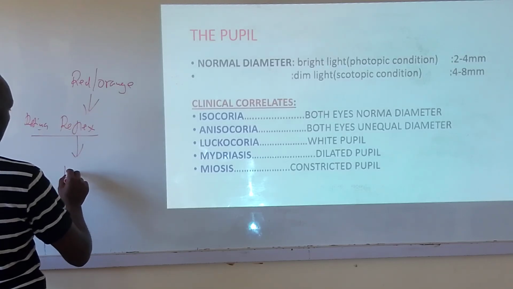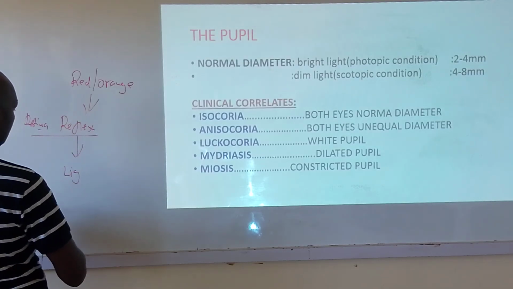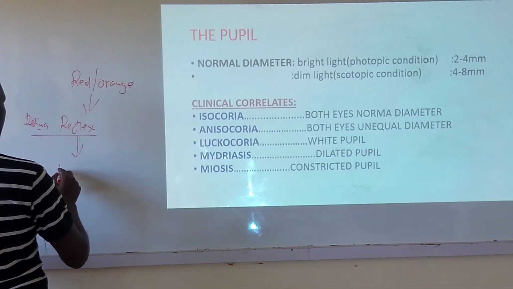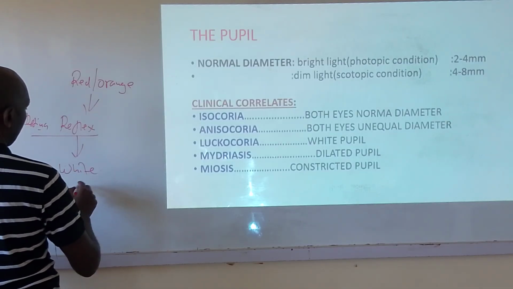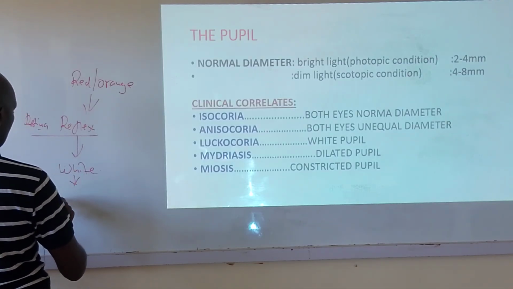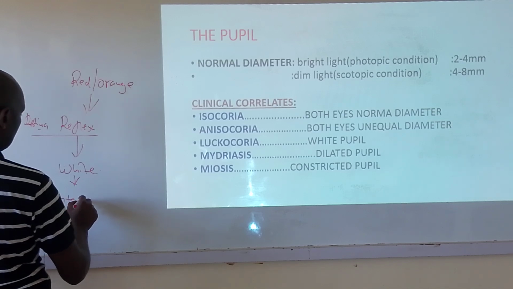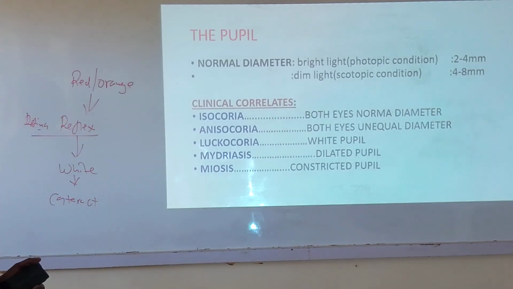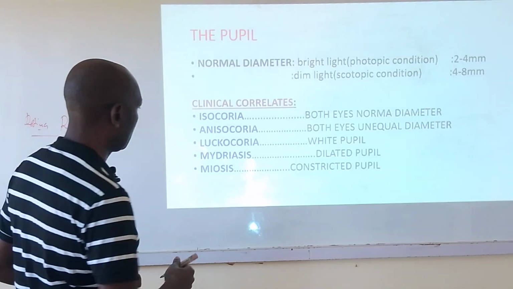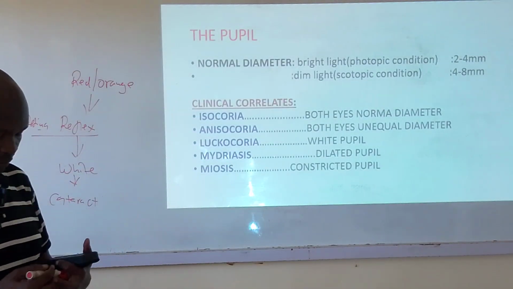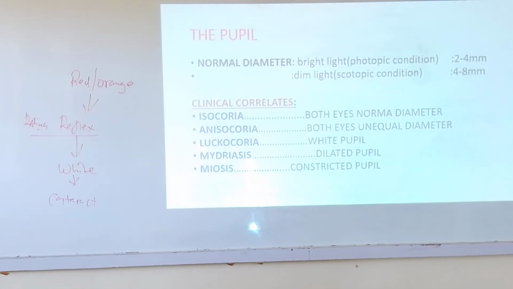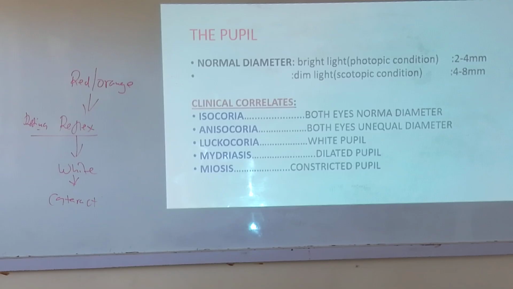You will just see something like white. For example, if you have opacification in a condition called cataract, then you can have your pupil appearing white, which is not normal, it's diagnostic.